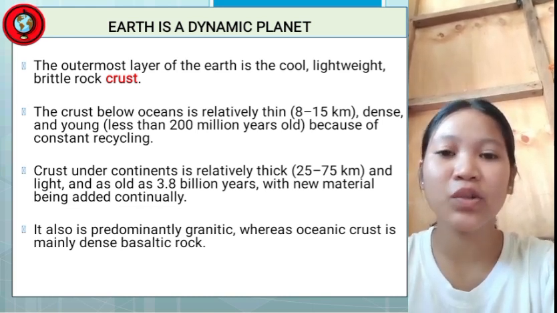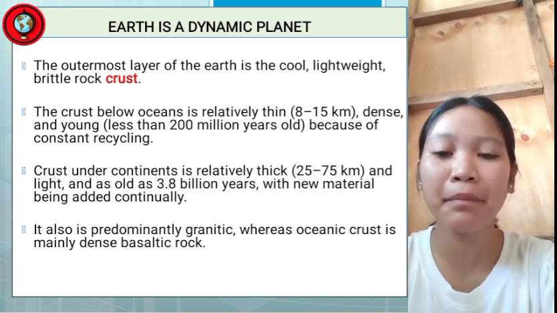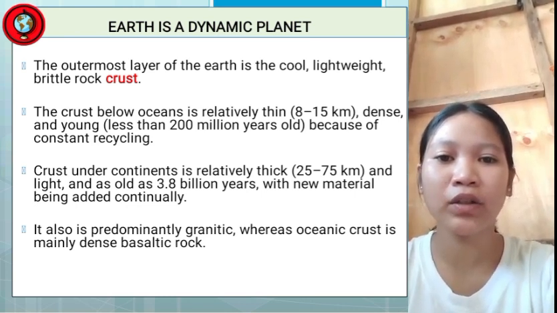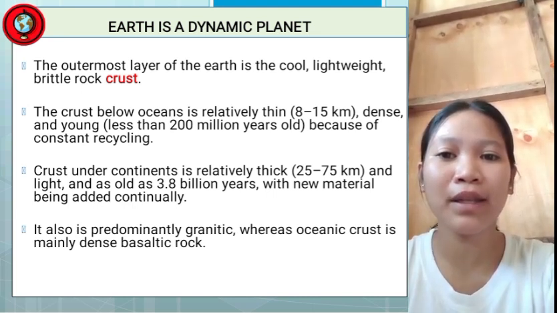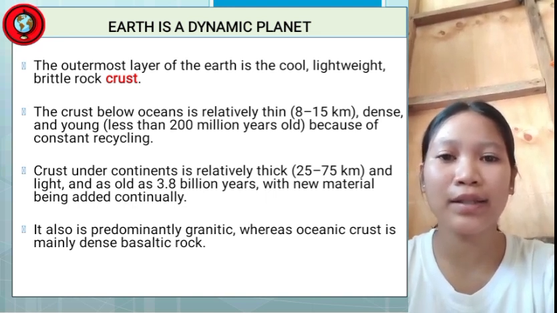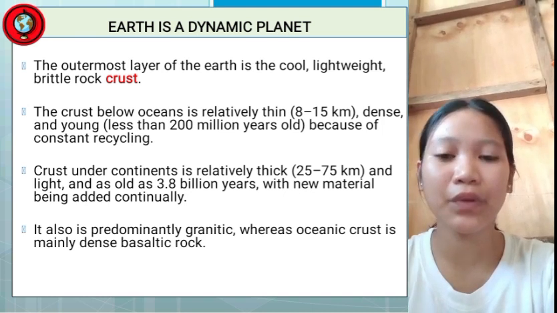It is 25 to 75 kilometers, light, and as old as 3.8 billion years, with new material being added continually. It is also predominantly granitic, whereas oceanic crust is mainly dense basaltic rock.